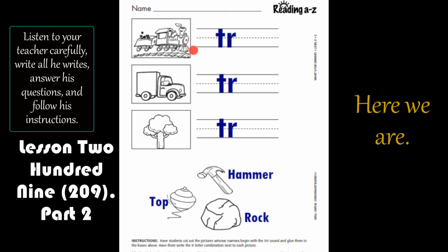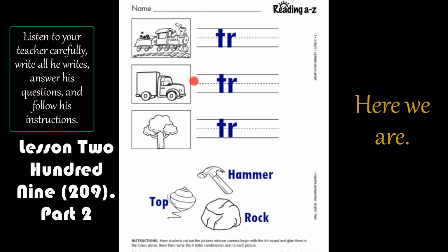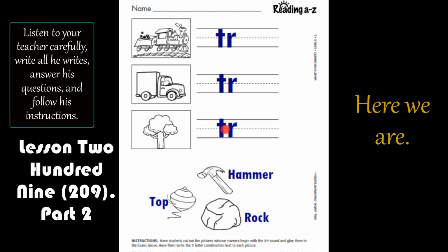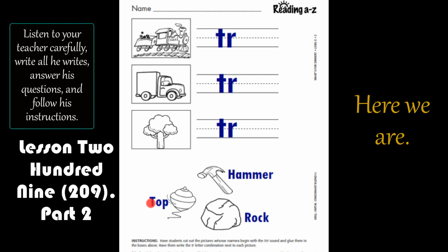Here we are. Train begins in TR. Track begins in TR. And tree begins in TR. But hammer, rock, and top do not begin in TR.